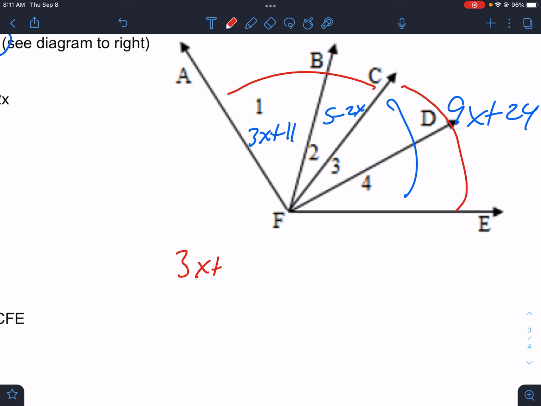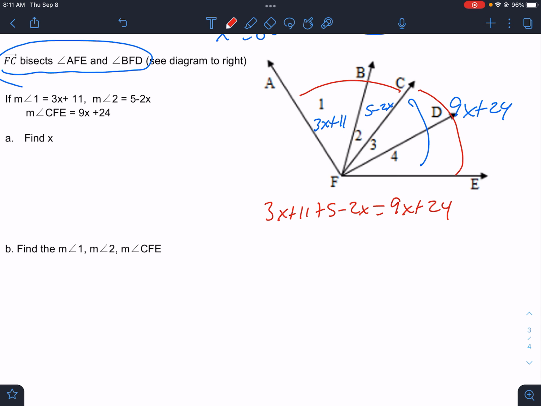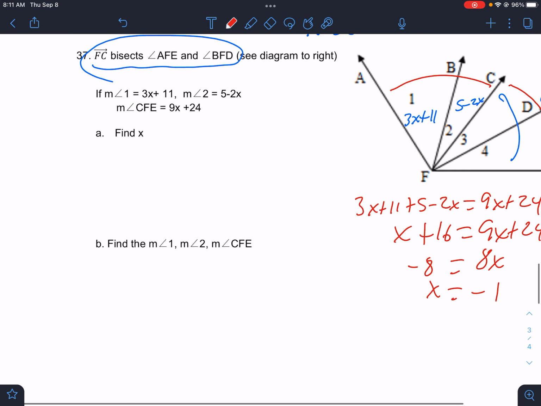So 3x plus 11 plus 5 minus 2x has to equal 9x plus 24. Those have to be equal. So clean that up. That would be x plus 16 equals 9x plus 24. 8x equals negative 8. So x equals negative 1.